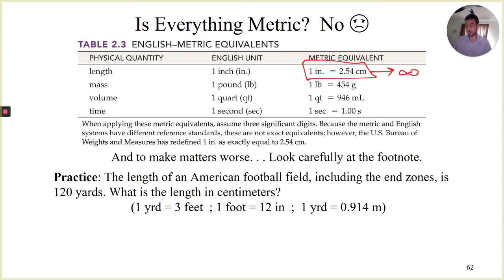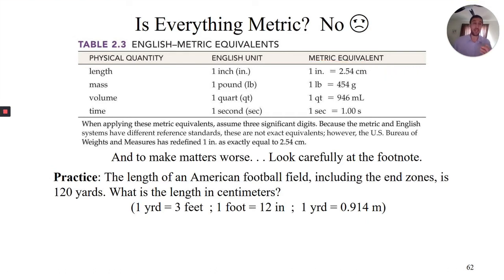But if I look, say, at a yard to a meter, that's not infinite. Okay? So depending on the conversion system that you're looking at, you may end up with more or less significant figures popping up in your answer, and you end up with weird rounding errors. So we get lots of issues on converting between two different systems, and so we have to watch out for that when we manipulate them.